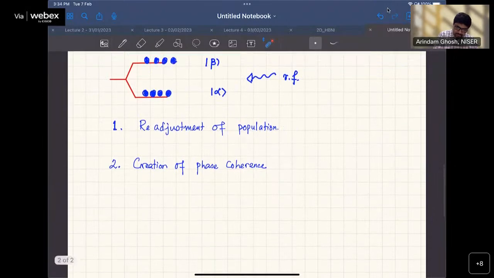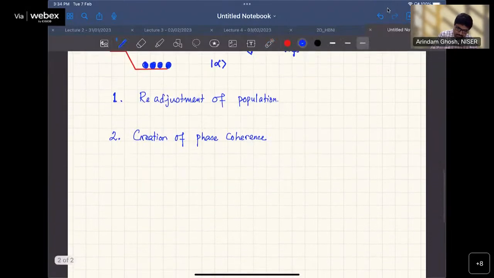The xy plane will look like this: this will be your n alpha, and then this is going to be n beta.